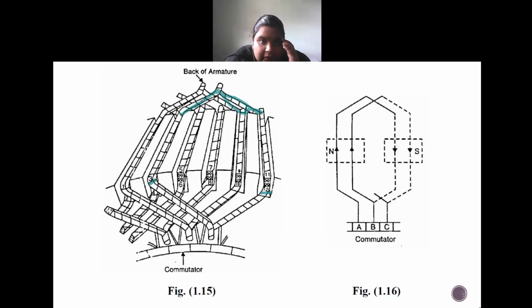Those two are being connected. 3 is at the top of the slot. In this slot 3 and 4 are there, but 3 is at the top, and here 11 and 12 are there. 12 is at the bottom. We are making sure that the top coil of one slot is being connected to the bottom coil of another slot.